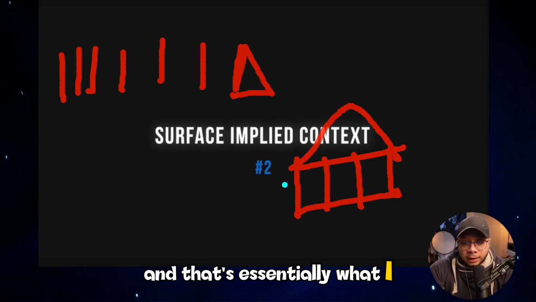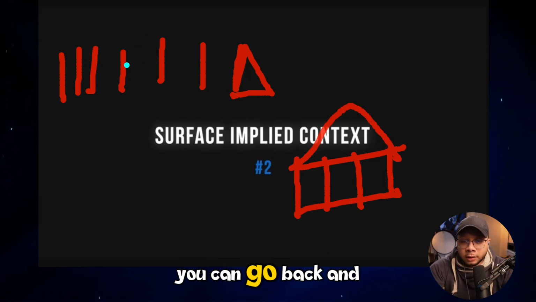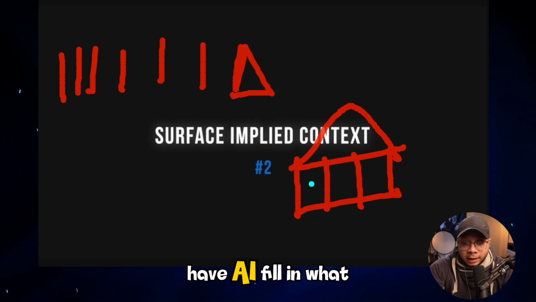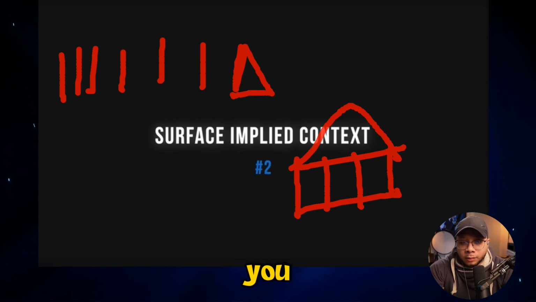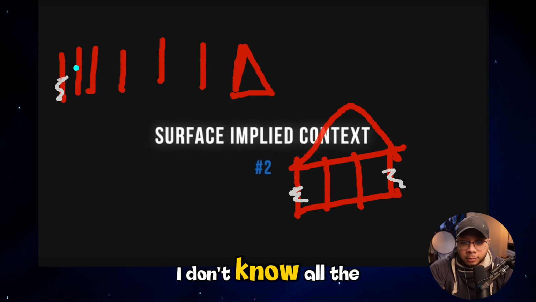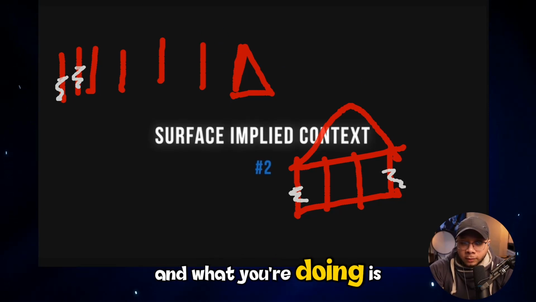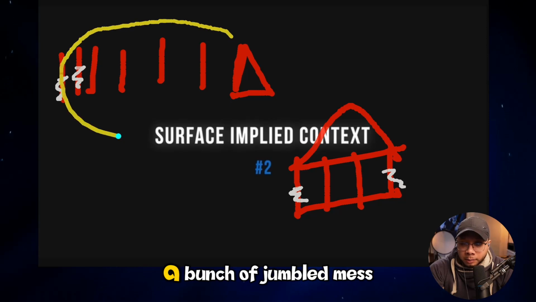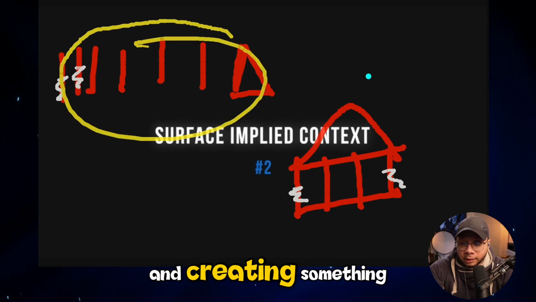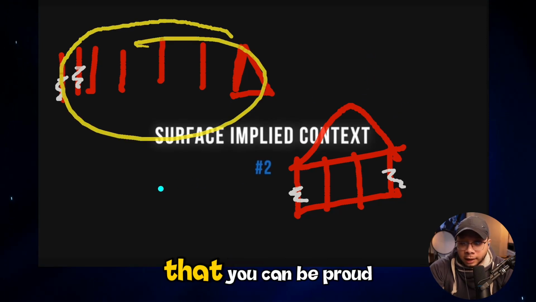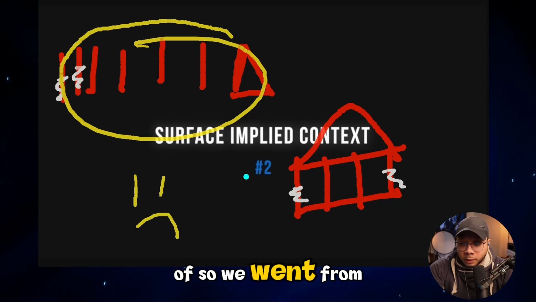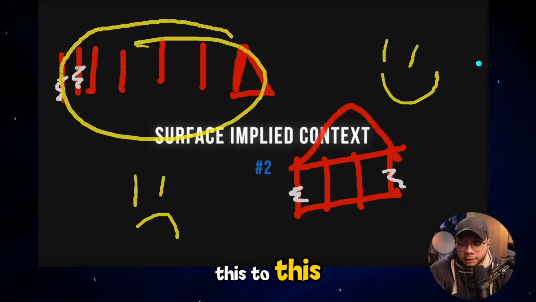That's essentially what I did: if you don't have all the pieces, you can go back and have AI fill in what you need. You know, it's like, hey, I don't know all the pieces, can you help me put it together? And what you're doing is taking a bunch of jumbled mess and creating something that you can be proud of. So we went from this to this.